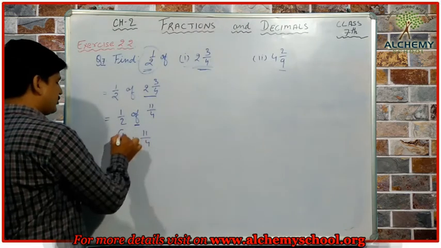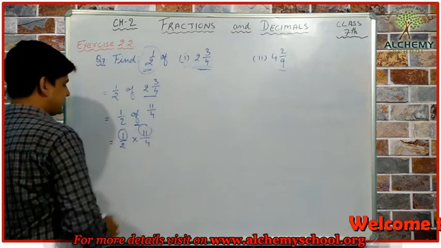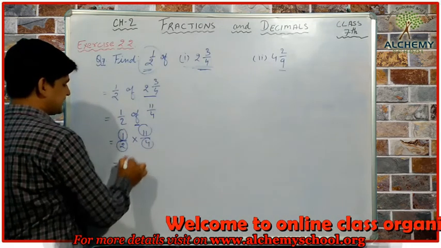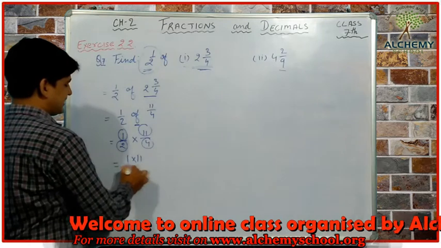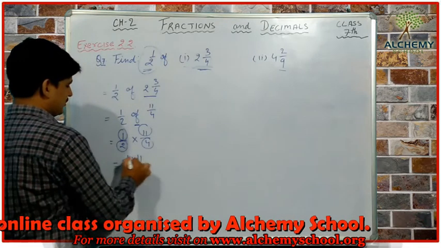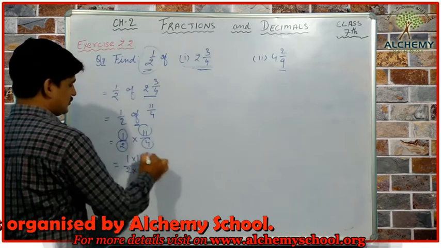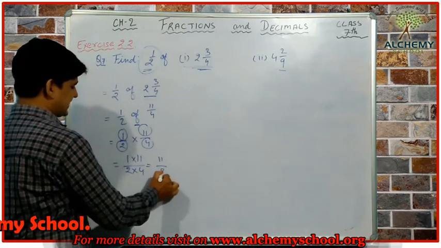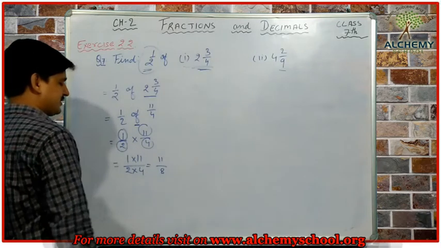Now numerators will be multiplied and denominators will be multiplied. So, we can write here 1 into 11 upon 2 into 4. When we multiply these two values, 11 ones are 11. When we multiply these two values, 4 2s are 8, we get 11 upon 8.